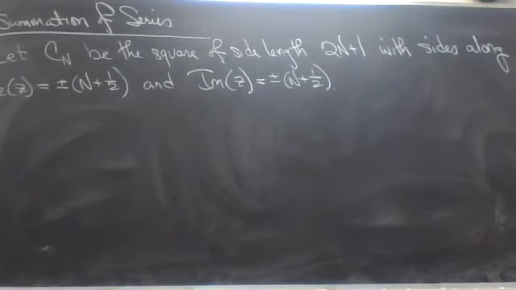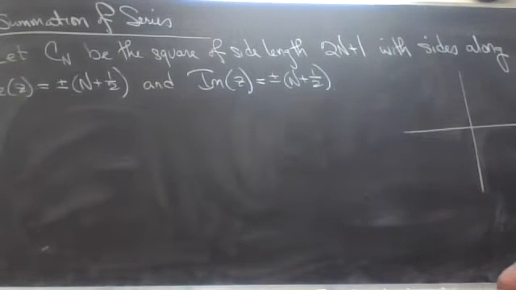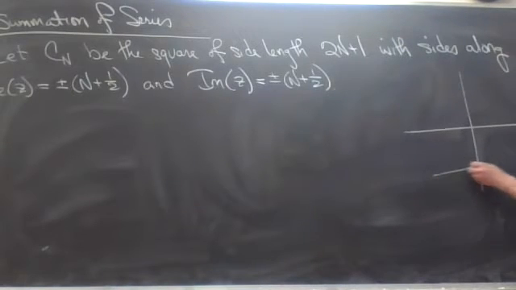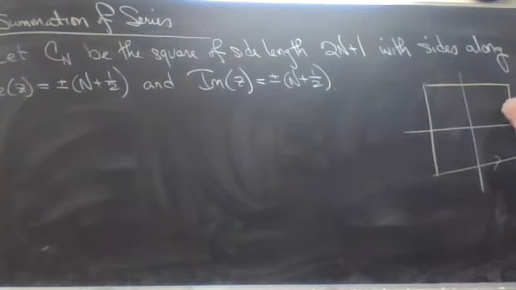All right, so it's just going to be a square like this, taken in the positive orientation.